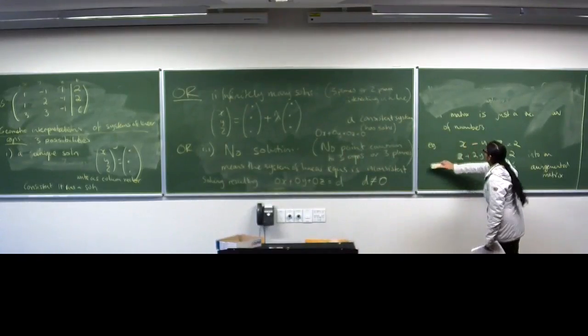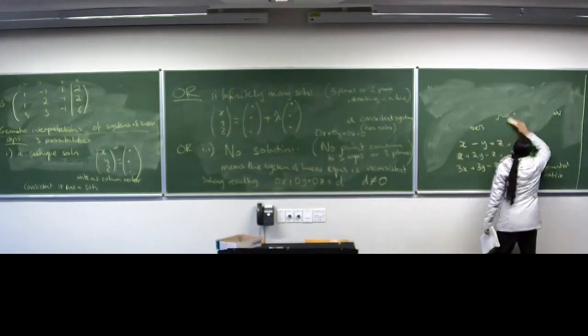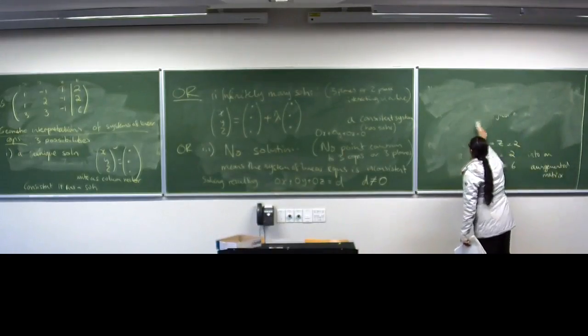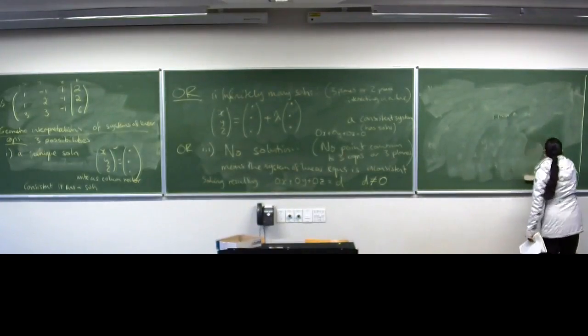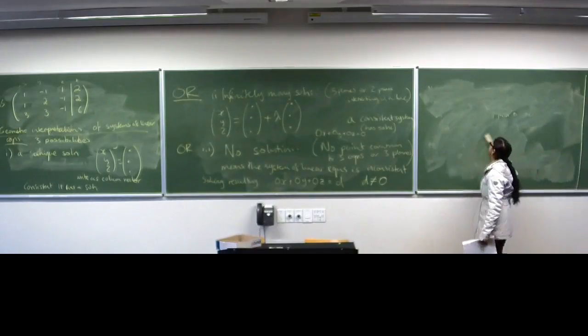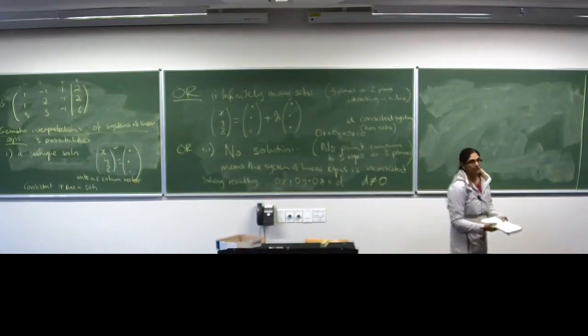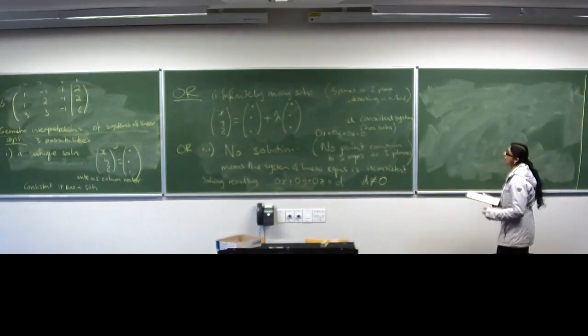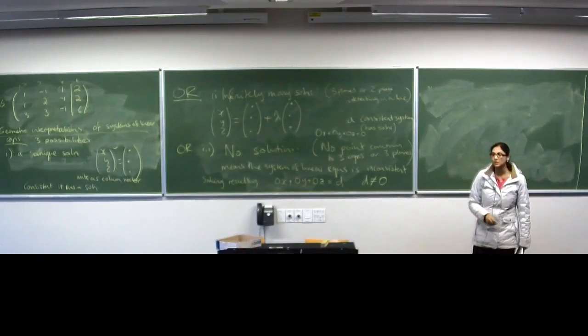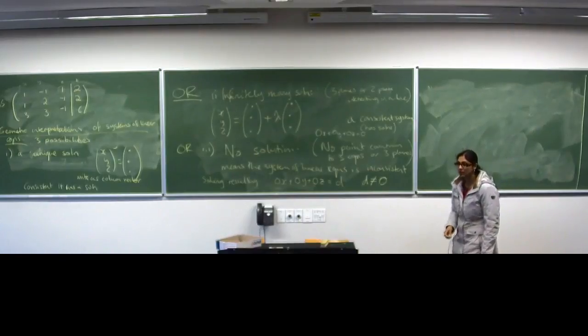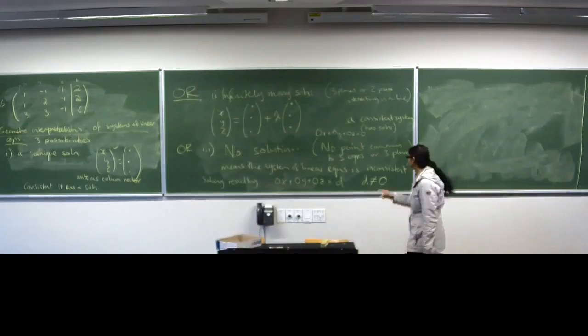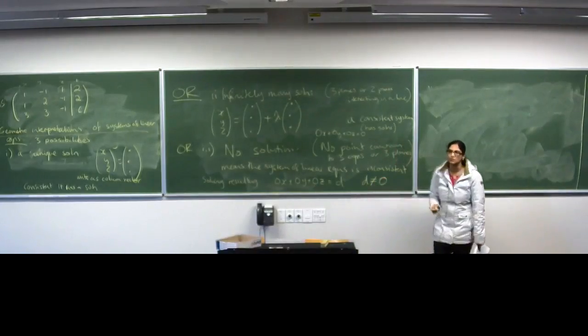I will show you when we're doing examples how they fit together. But I wanted you to know where we're going, because the solving is really simple. Okay, let's solve that equation.